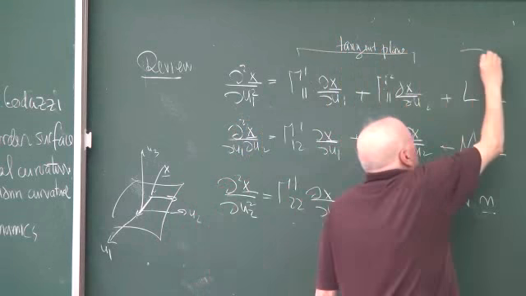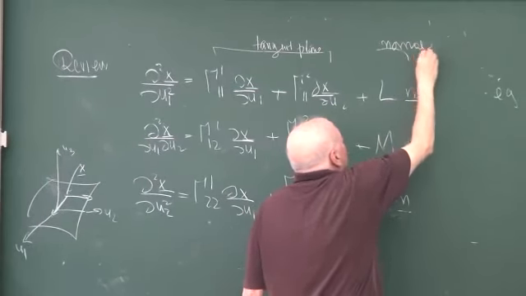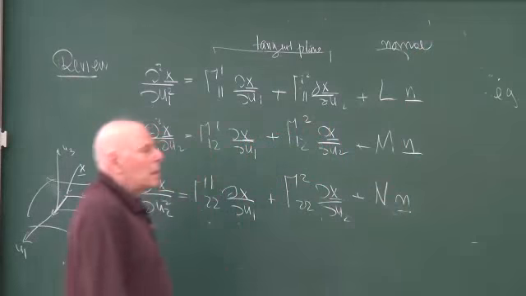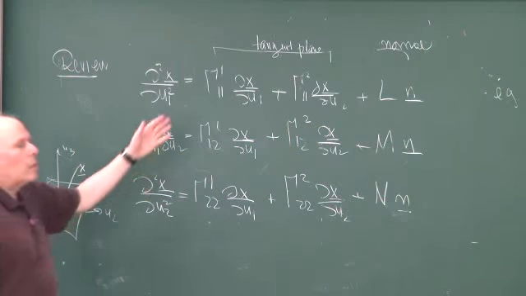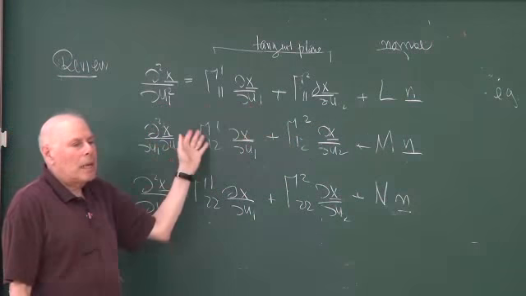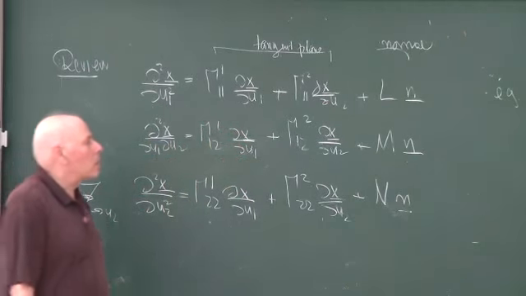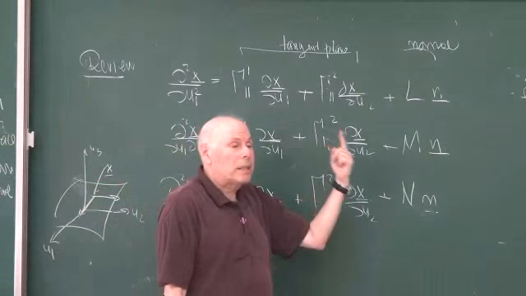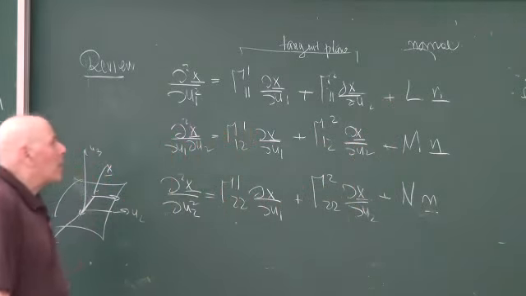And then this piece in the normal direction. So the geometry is very easy. It's just orthogonal decomposition. So the projection onto the tangent plane, we use these capital gammas. And the projection onto the normal direction is just these scalar guys, L, M, and N.